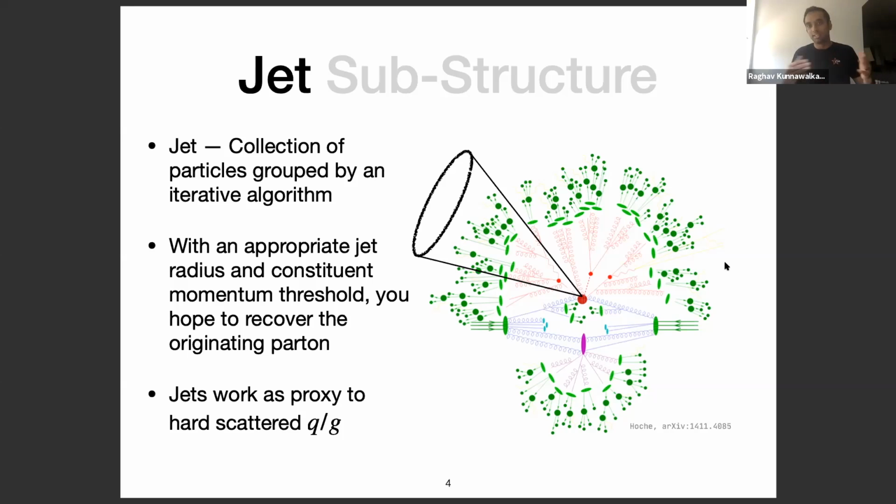So you have a quark coming off your hard scattering, it undergoes fragmentation, radiation, and then finally hadronization. These terms are kind of interchangeable, fragmentation, hadronization, etc. You end up with a bunch of particles, collect them together, you go back to the originating particle. So in that sense, this is essentially a proxy for your hard scattered quark or gluon.